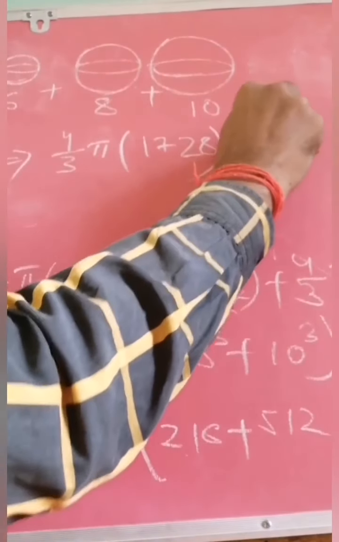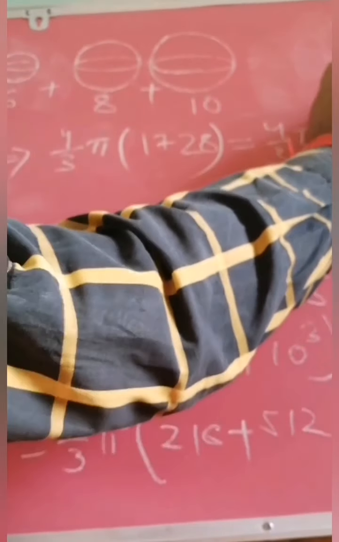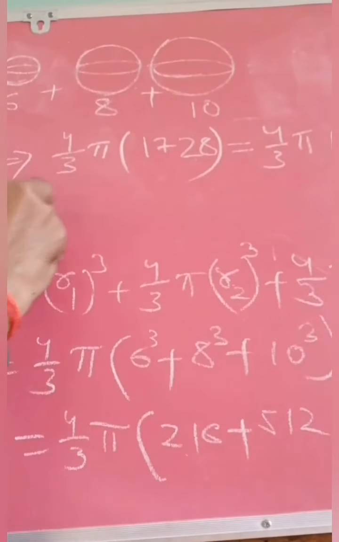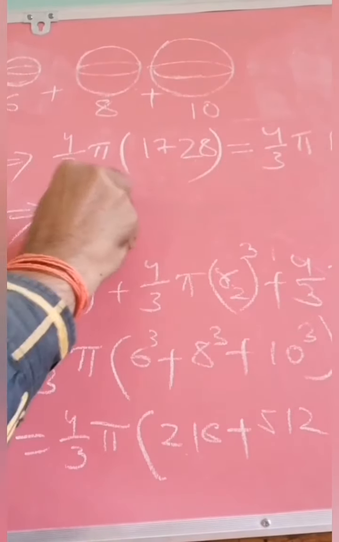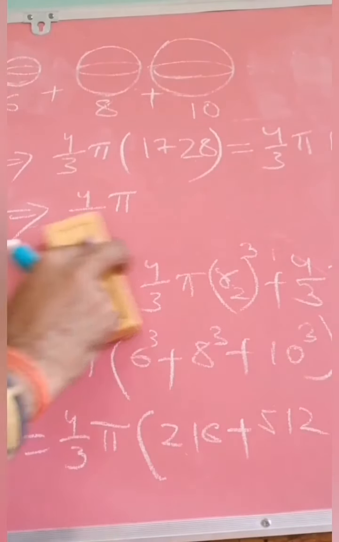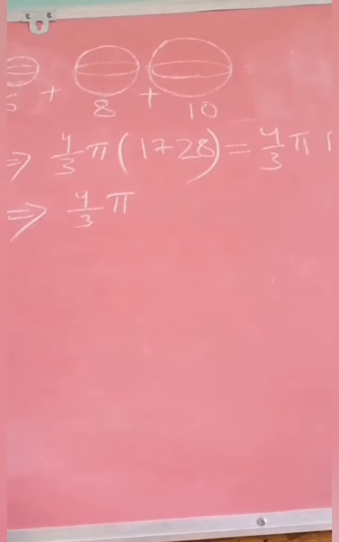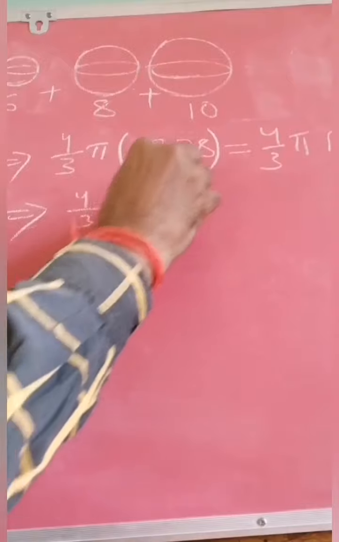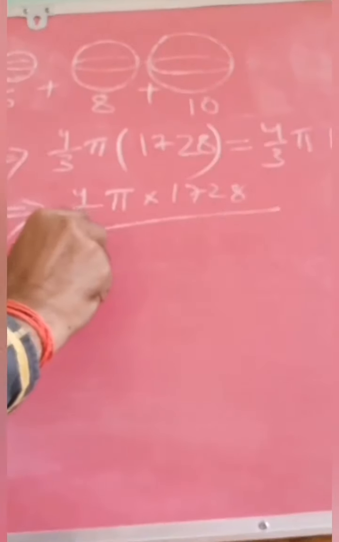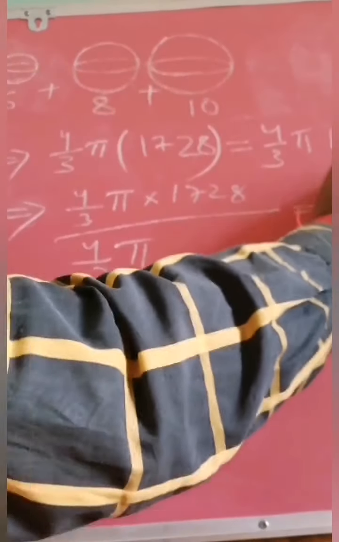So the fourth sphere volume means 4 by 3 pi big R cube. Now compare. Cancel this one. That is 4 by 3 pi into 1728 equals 4 by 3 pi big R cube.